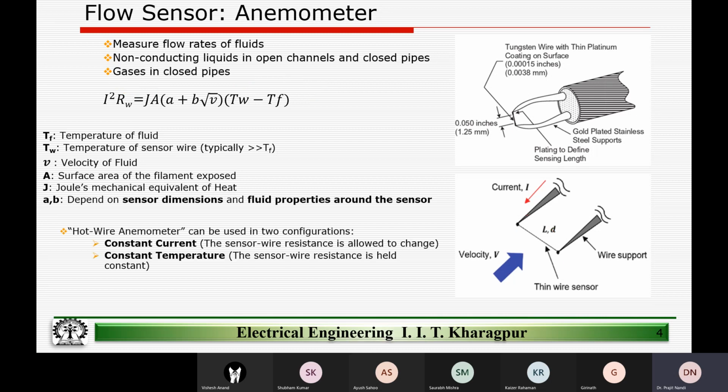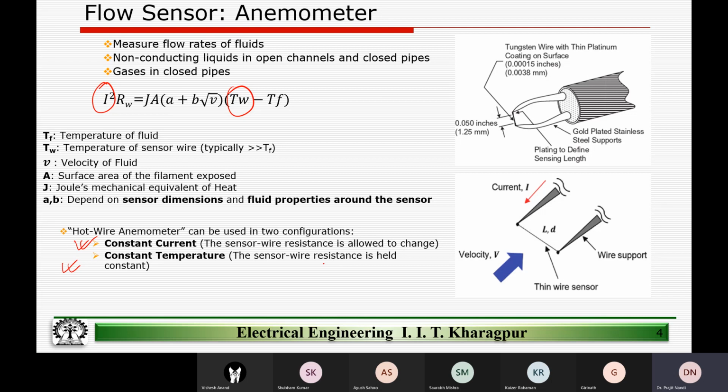So as I mentioned, we have the current in our control or the temperature of the sensor material in control. So we can have two types of anemometers, a constant current anemometer or a constant temperature anemometer, where the sensor wire resistance is held constant.